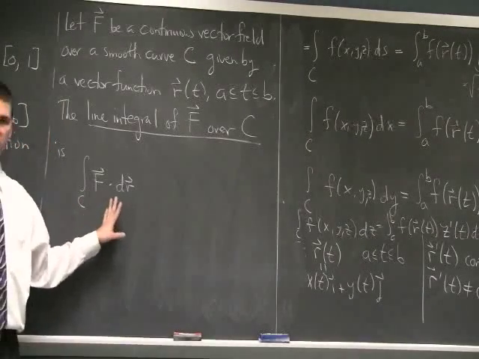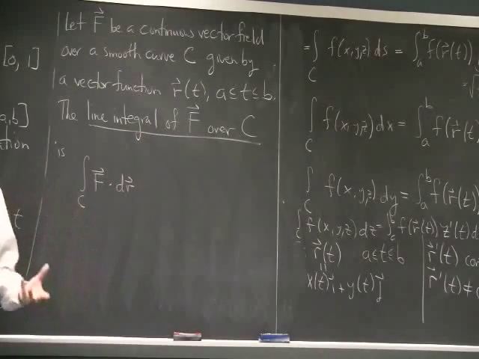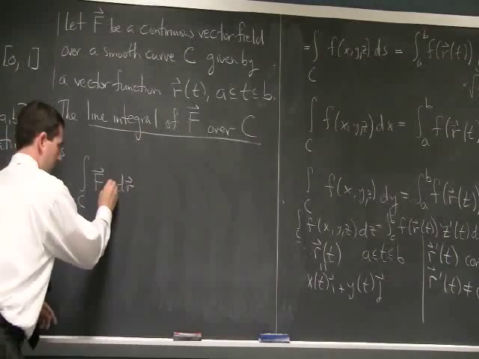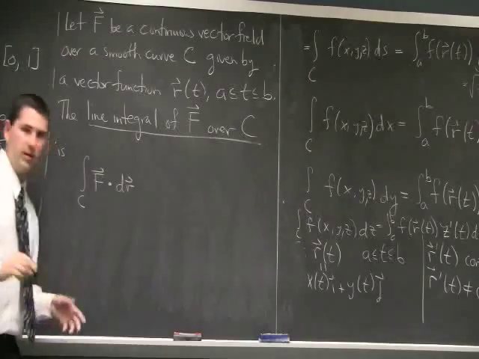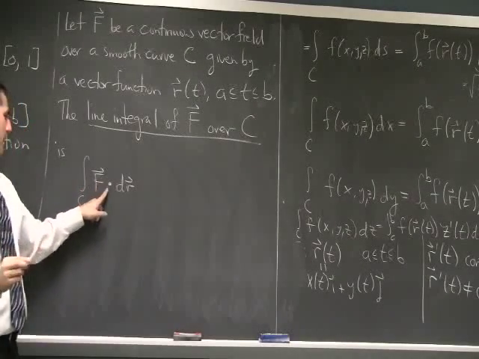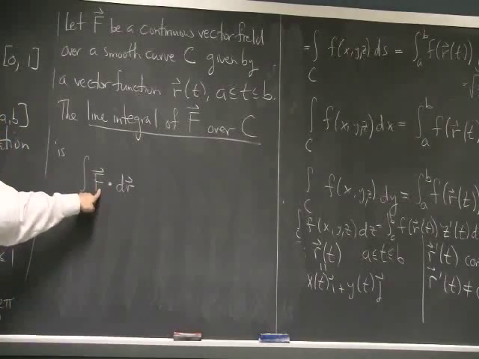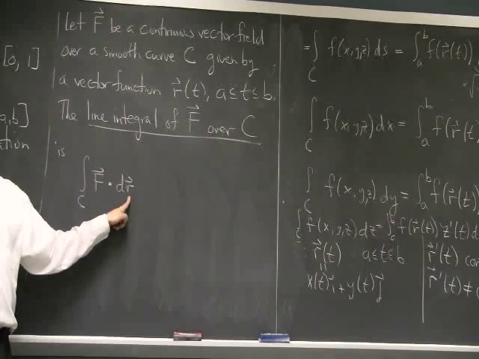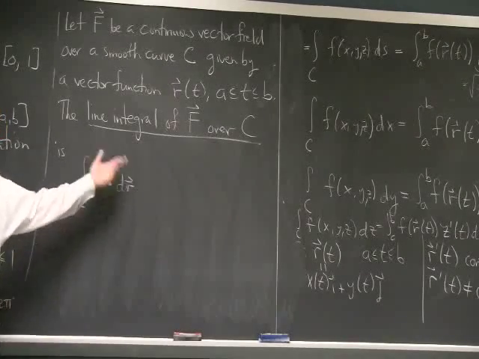So this will be our notation. Really, you should think dot product. And this looks very strange. We haven't really sat there and talked about what you mean by the dot product of this vector field with a differential of a vector function.